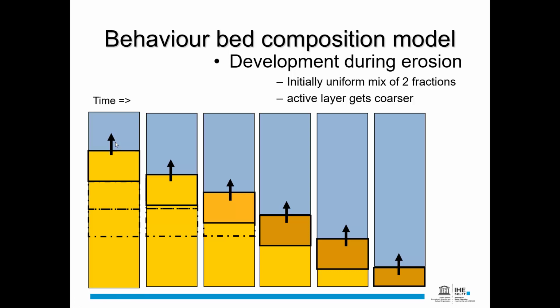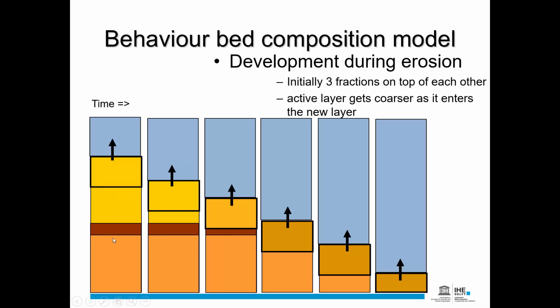Because the fine sediment goes out and some sediment is coming into the active layer from beneath, the overall new active layer is getting coarser and coarser because fine sediment moves to the water column and goes away. Then the erosion continues and the bed level goes down and down. And you can see that the active layer is eating into the underlayers.